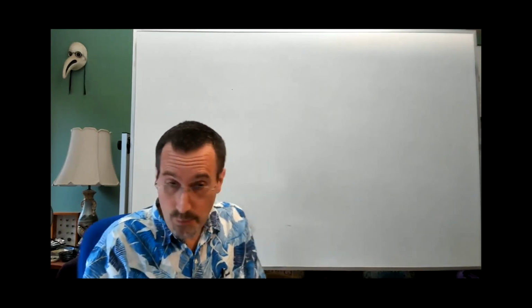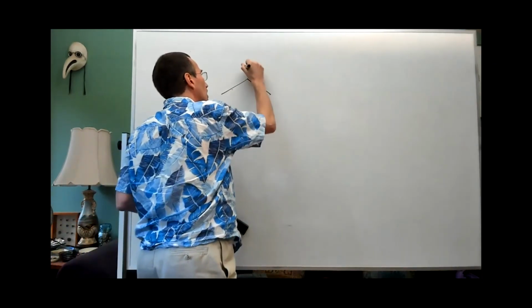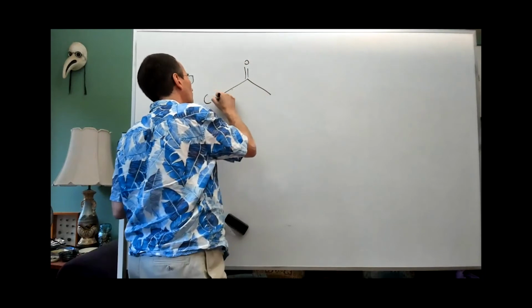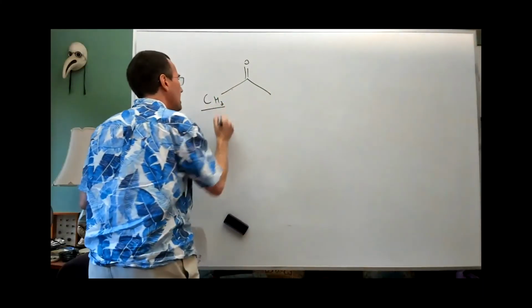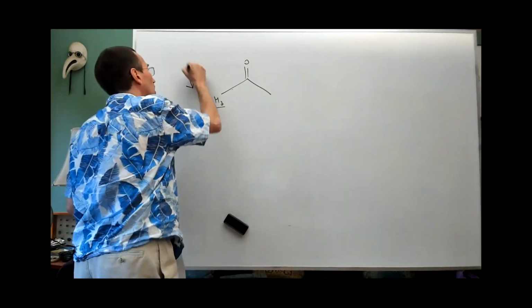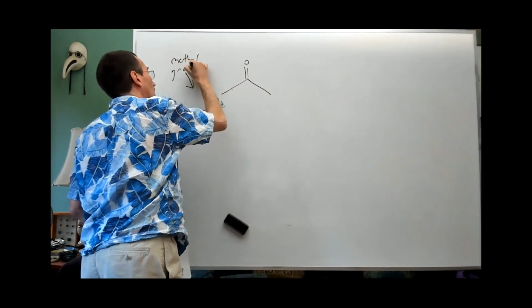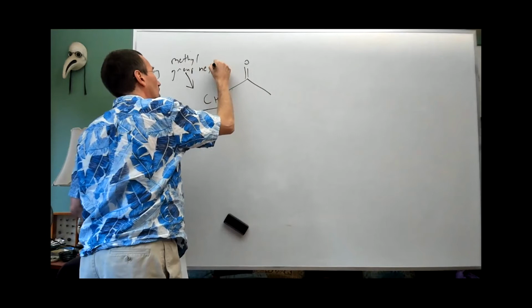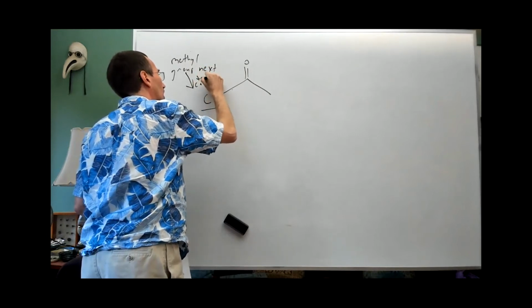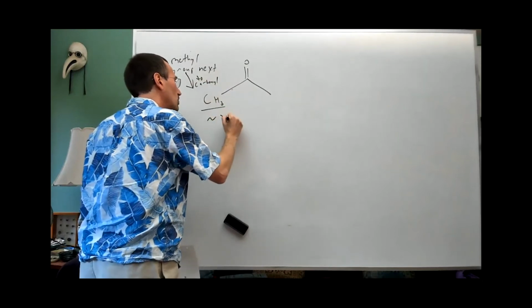And then that brings us to one more number to keep in your head. And that is that a methyl group next to a carbonyl is about 2 ppm.